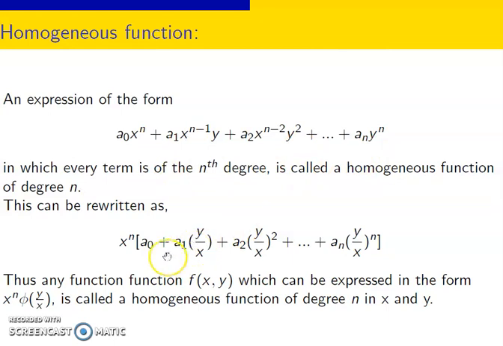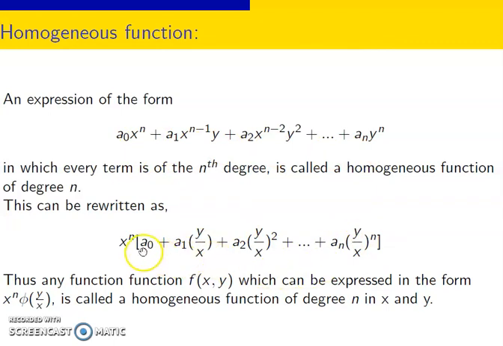So the expression becomes a0 plus a1 y by x plus a2 y by x whole square plus a3 y by x whole cube, and so on, plus an y by x to the power n.